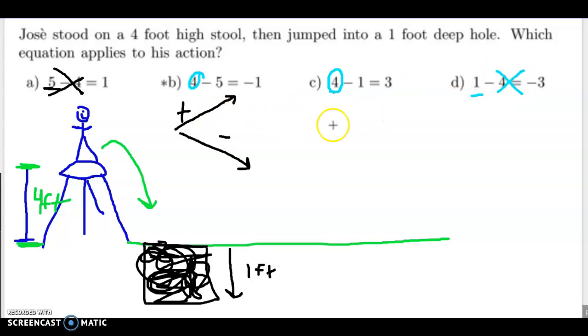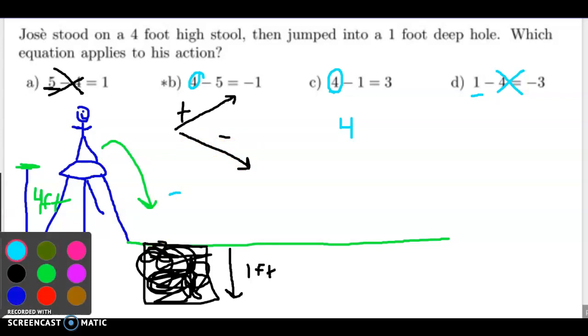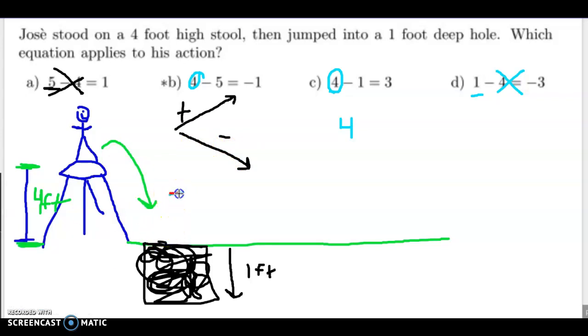Now, since I'm starting at 4 feet, I'm jumping down, and when I go down, I'm subtracting, right? So when I'm jumping off the stool, let me do this in red because I'm jumping down, I'm jumping down 4 feet off the stool. But that's only to reach the ground. I didn't just jump onto the ground. I jumped down another foot.